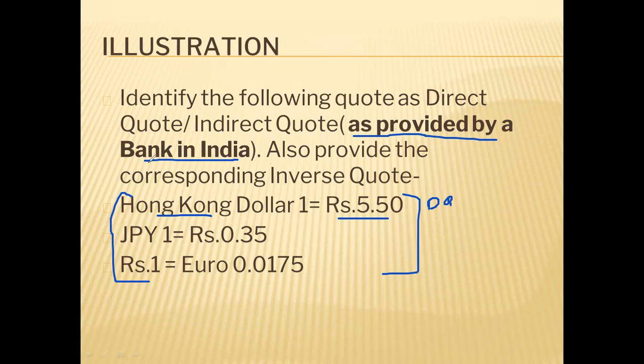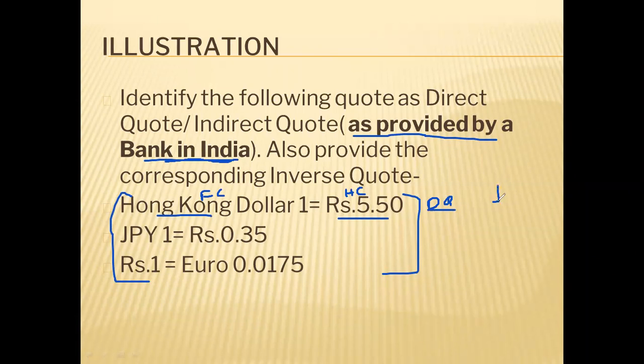So if a quote is provided by a bank in India, obviously the home currency will be rupees. Then you can apply the logic. Foreign currency is on the left-hand side, home currency is on the right-hand side. So which quote will it be? Obviously a direct quote.